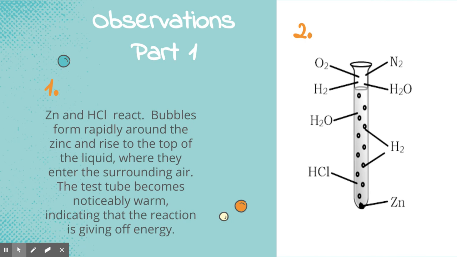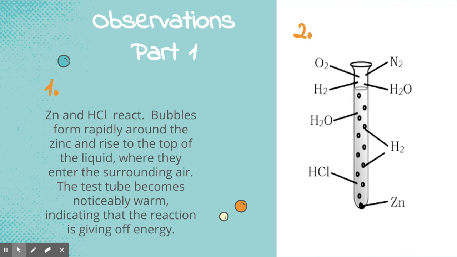You did this in Chem 1, where you were classifying what type of chemical reaction this is, and it was a single replacement. So you probably remember that, where you collected the hydrogen gas and then you lit the wood splint and you heard the pop. Same exact materials and chemicals.